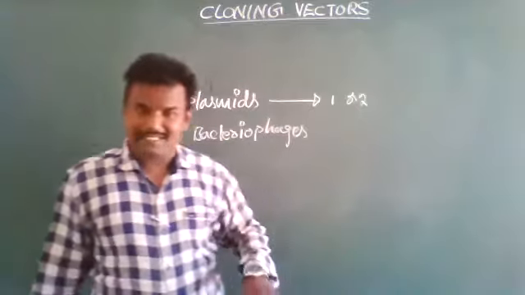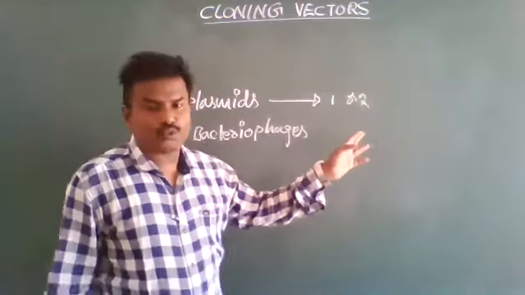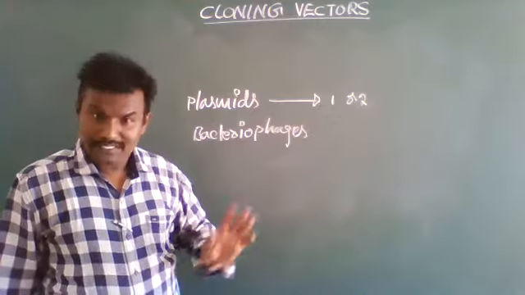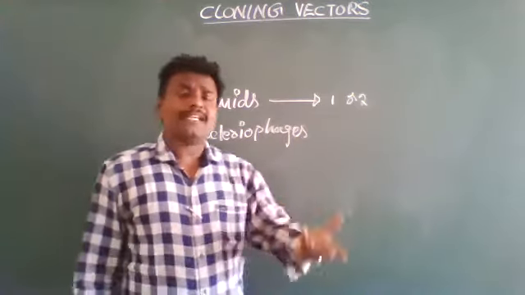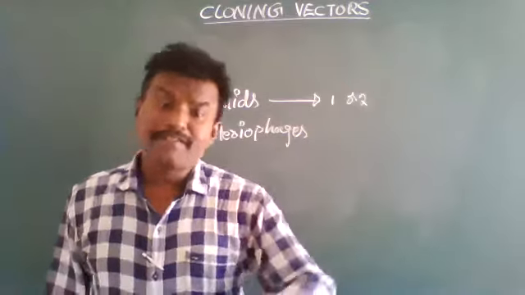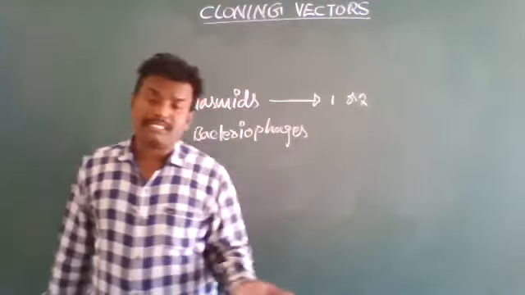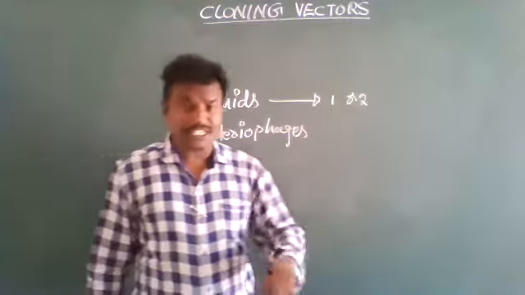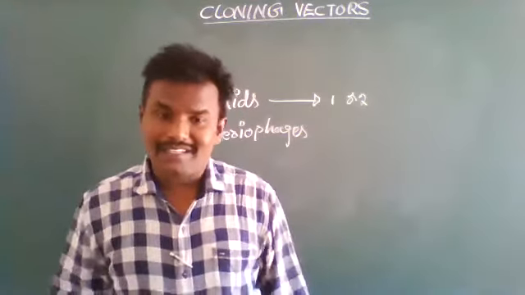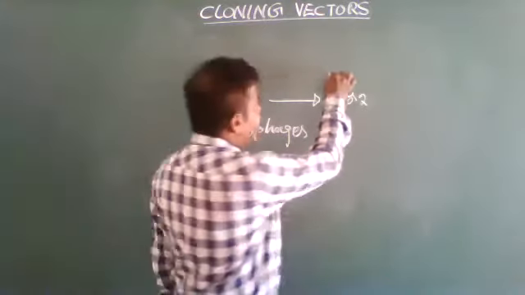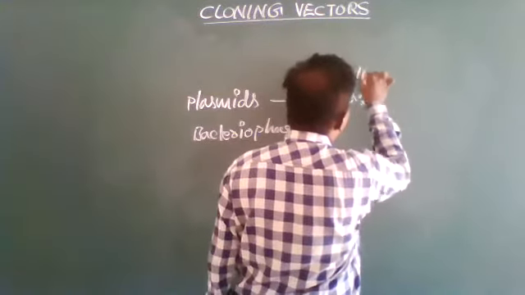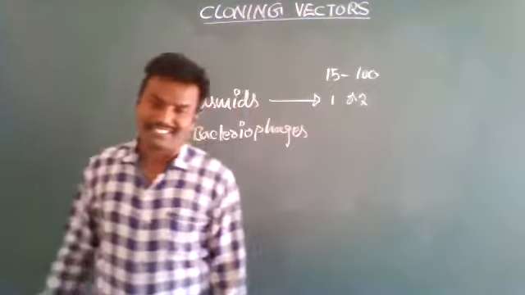There are a number of bacteria, and every bacterium contains plasmids. In some bacteria, the plasmids contain one or two genes. In other bacterial plasmids, there are 15 to 100 copies of genes.